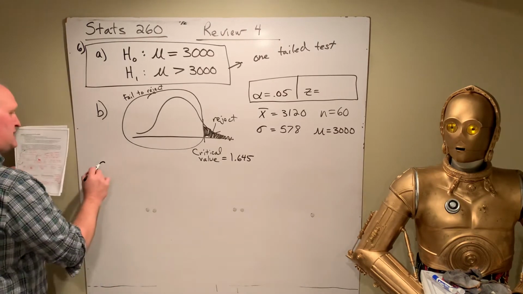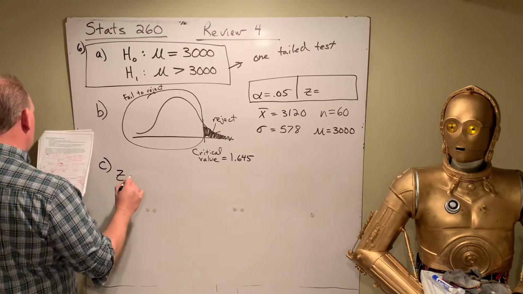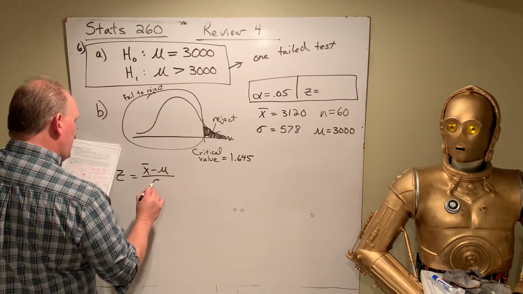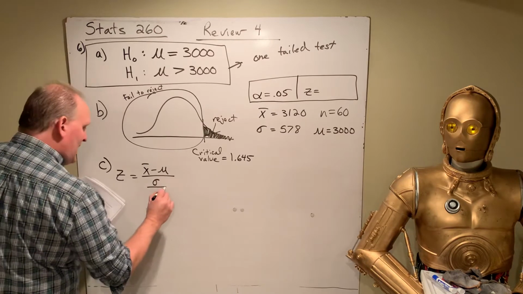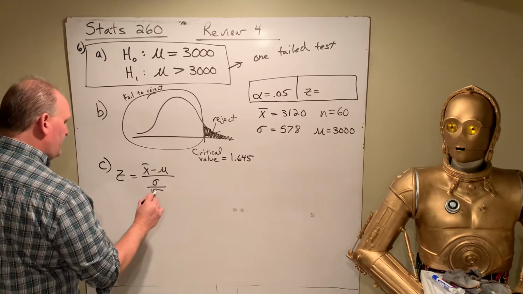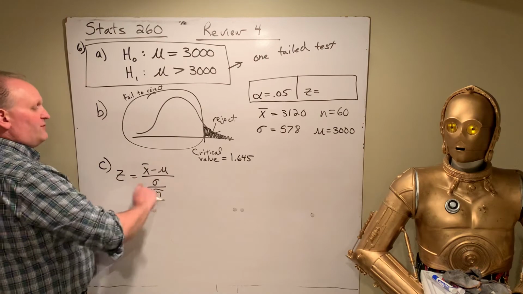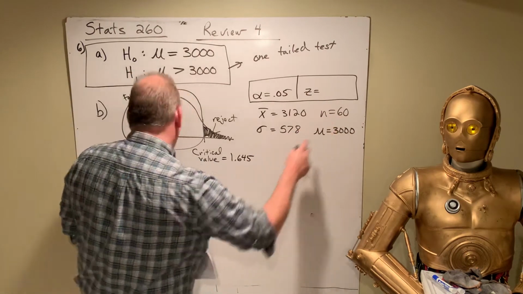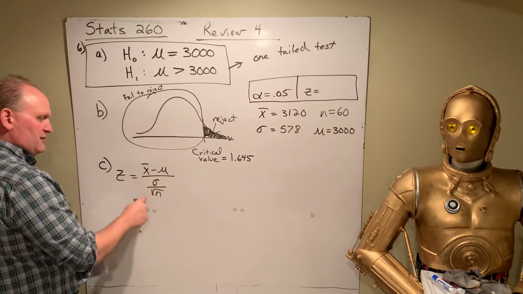So now part C is find your z-score. So that's going to be X bar minus mu over the standard deviation of the population divided by the square root of n. Remember, it isn't for the entire population. We're testing with a sample size of 60. So that's going to change our standard deviation.